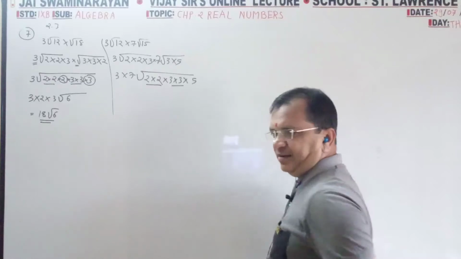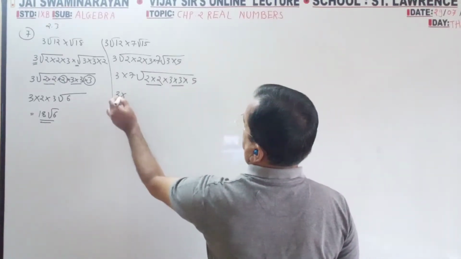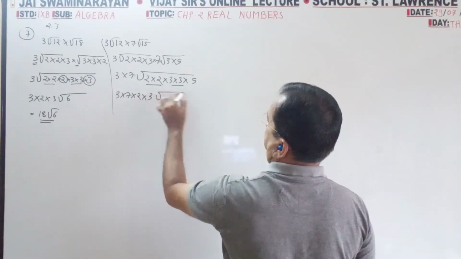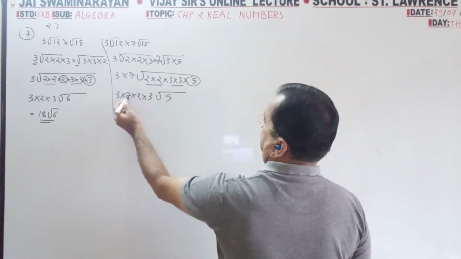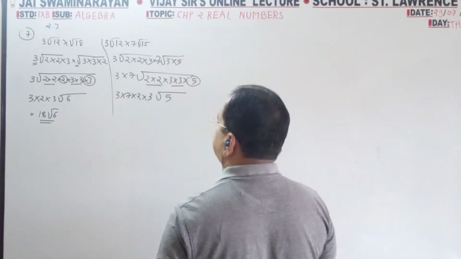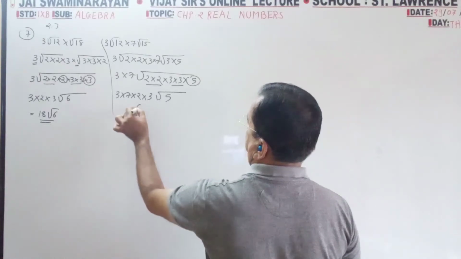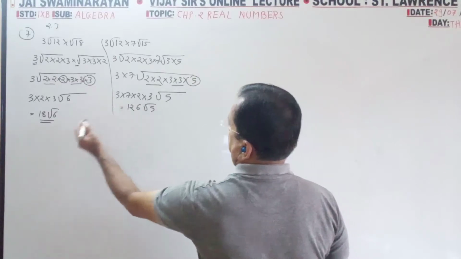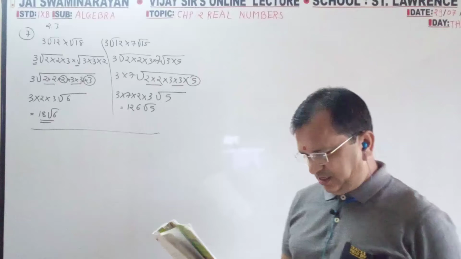Find out the pair. 2 to the 4, square root of 4 is 2. 3 3 is 9, square root 3, only 5 remains. 3 7s are 21, 21 6s are. So these are the answers for 7th, for second.